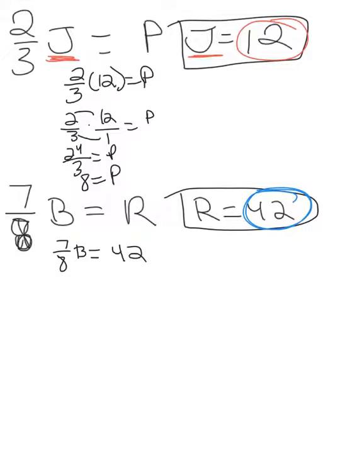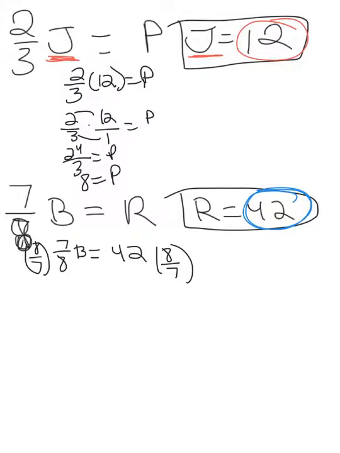Now, if I want to solve this problem, I need to get B on one side of the equation by itself. In order to do that, I must multiply both sides by the reciprocal of 7/8. So I have 8/7 and 8/7.